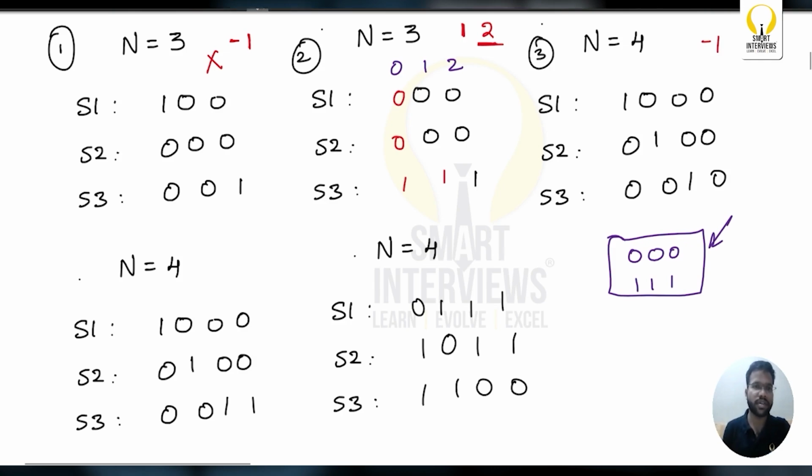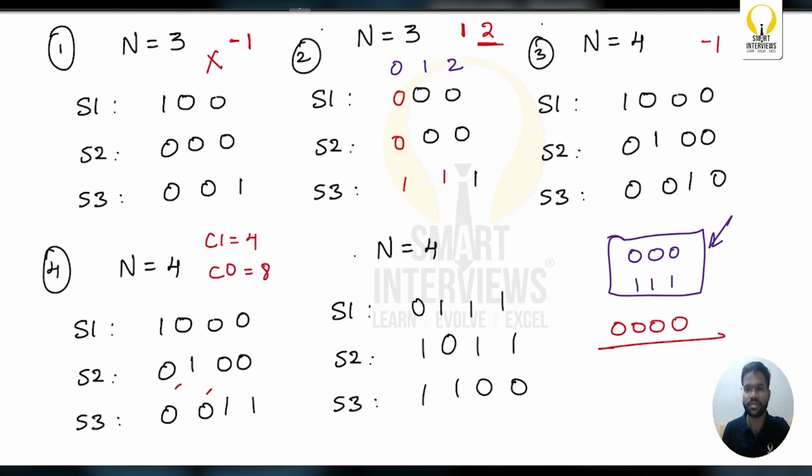Coming to this fourth test case, it's clearly possible to convert all the strings to identical strings. But how and why? Because the count of 1 is 4 and the count of 0 is 1, 2, 3, 4, 5, 6, 7, 8. If I want to make a string of size 4 identical, it should contain either 4 zeros or 4 ones.